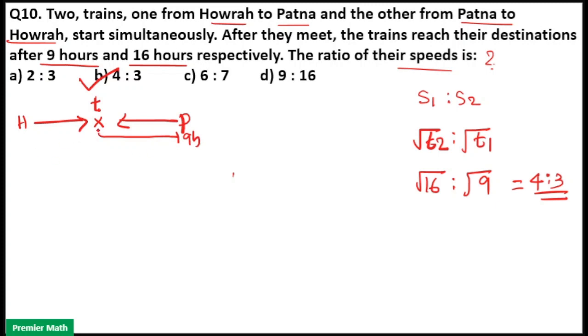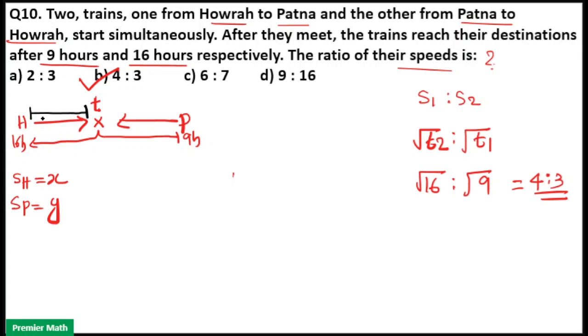And after they meet, the train from Patna reaches the destination in 16 hours. Here I will take the speed of the train from Howrah as x and the speed of the train from Patna as y.